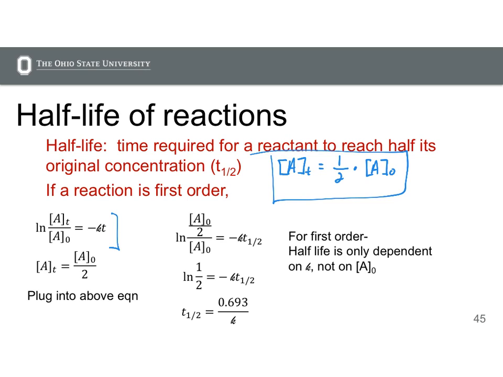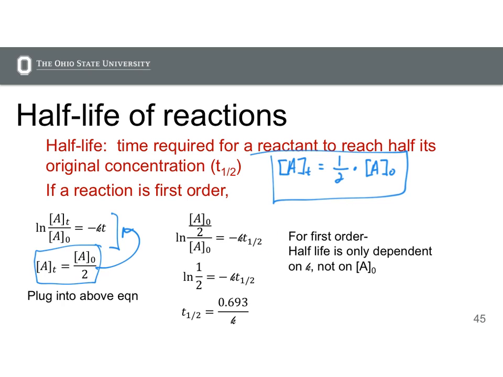So this is the equation before we made it into the equation for the line. Then we take our definition for half-life, plug that in, and we have natural log of the original concentration of A divided by 2, because that's equal to A sub t, divided by the original concentration equals minus the rate constant times T1/2.